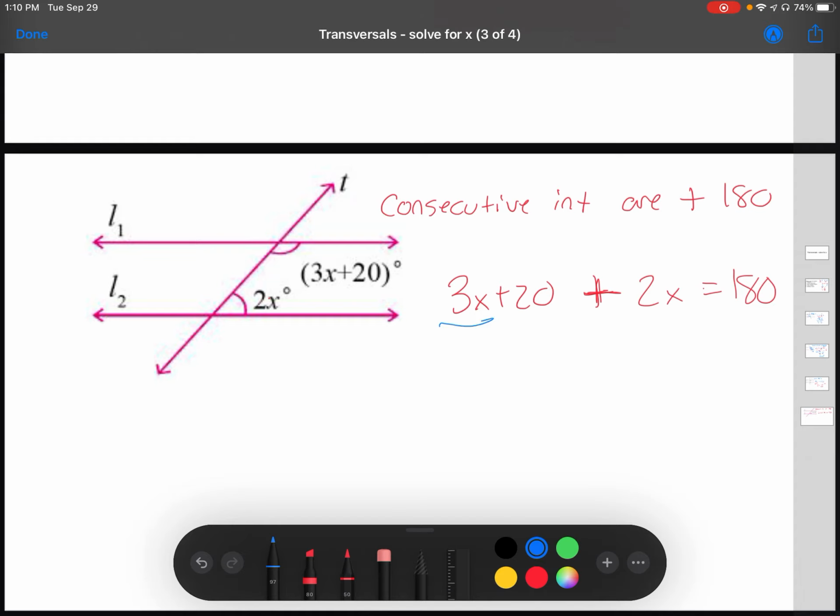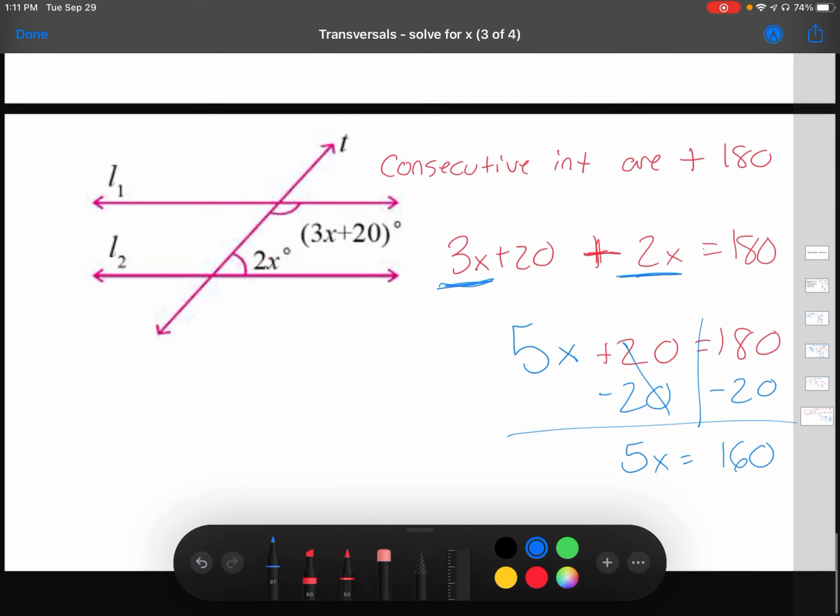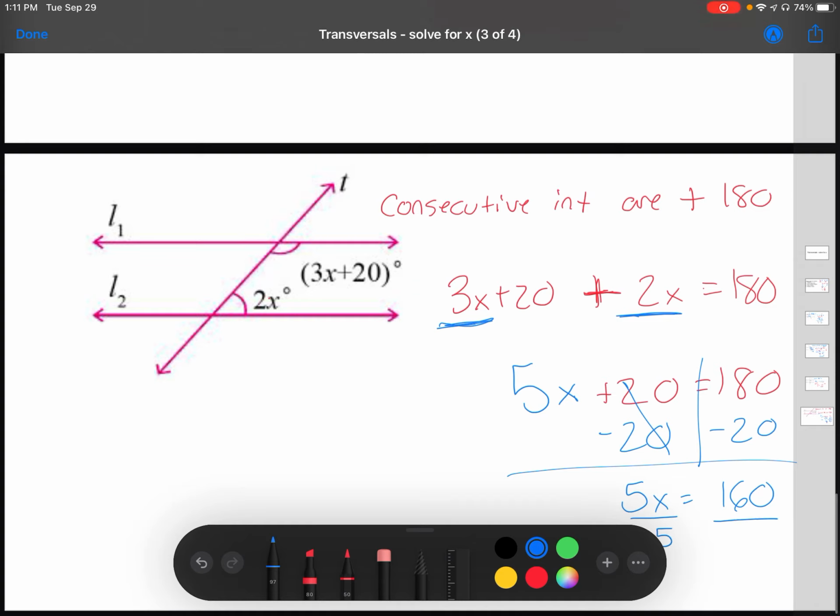Combine like terms, yes. 3x and 2x makes 5x plus 20 and equal 180 come down. Step 4 is add or subtract. Right, I do need to subtract my 20 from both sides of the equal sign. 5x equals 160. Divide by 5, divide by 5. X equals 34.